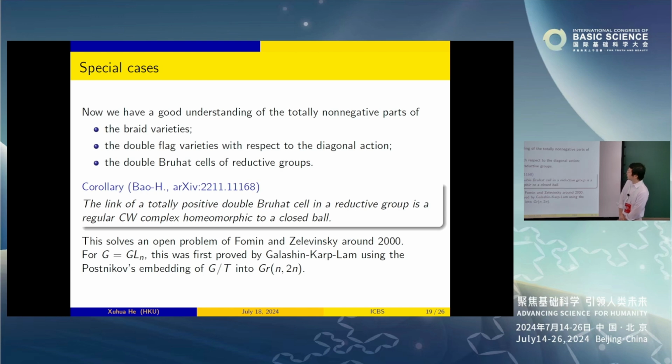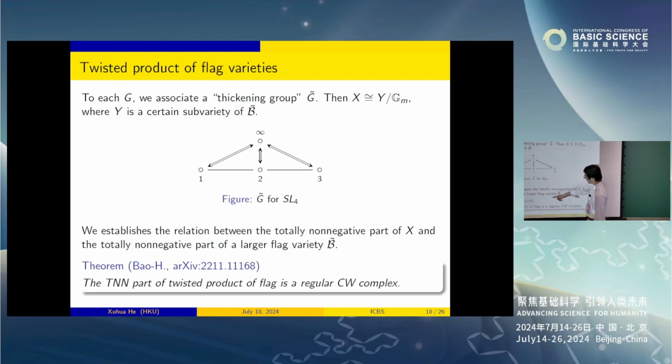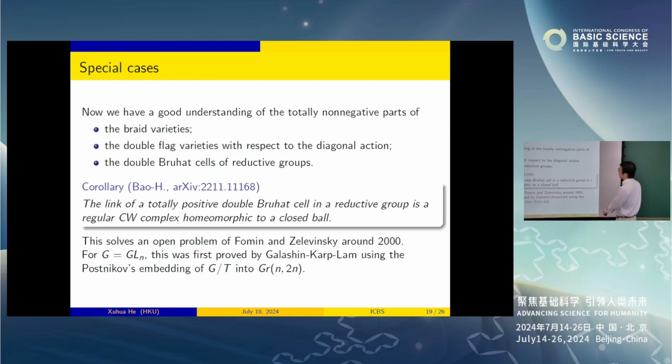But there are some special cases which we know. Also, one of the motivations to study the twisted product is that it includes the following as special cases: the Bott-Samelson varieties, and also the double flag varieties and the double Bruhat cells.